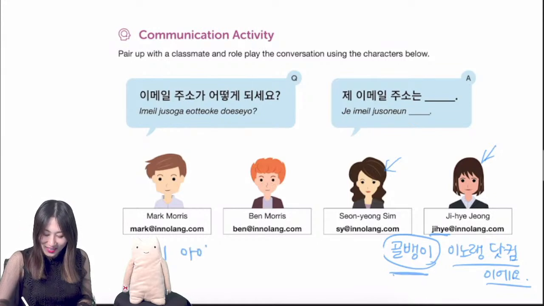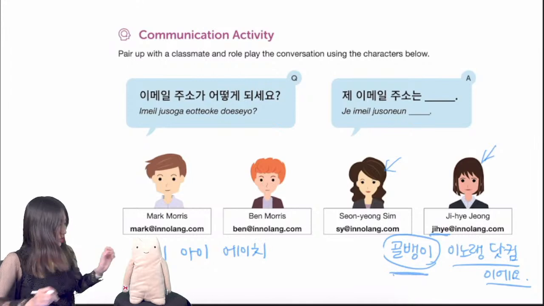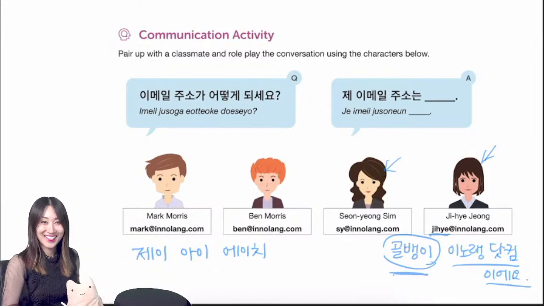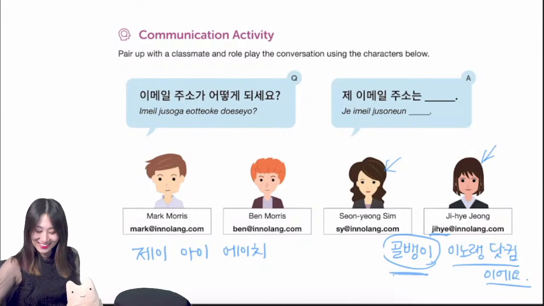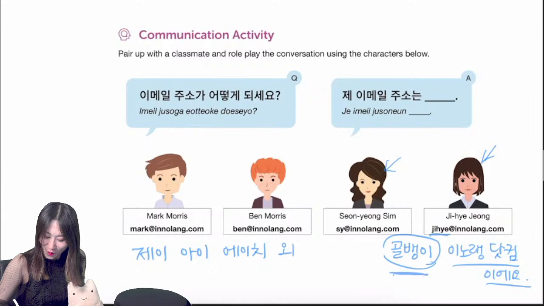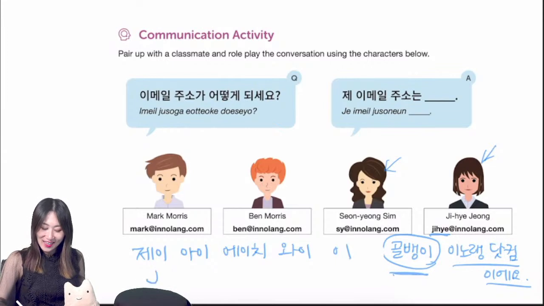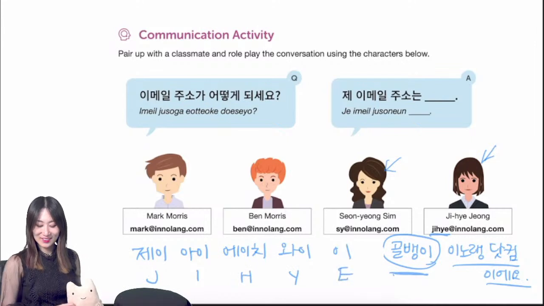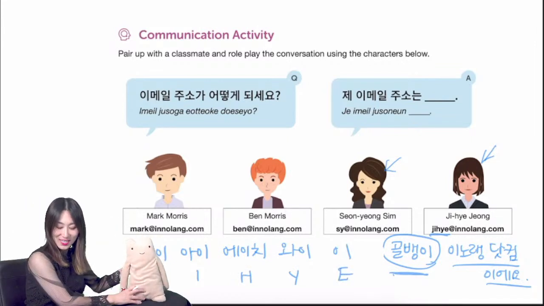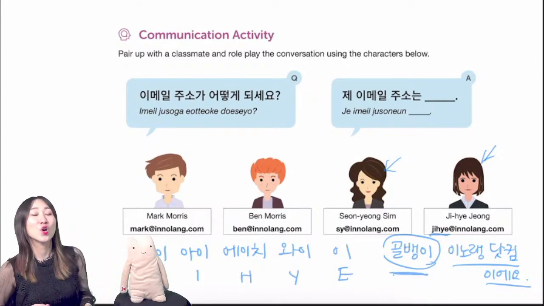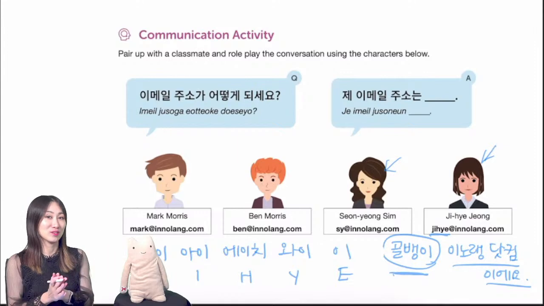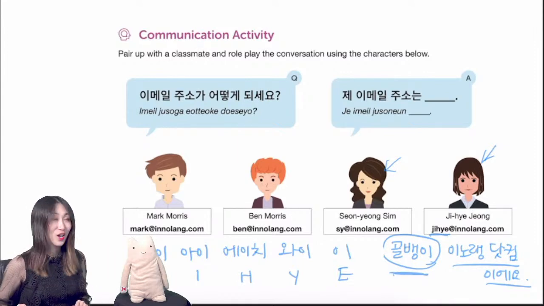J, I. The next one is H, and next is hiding the alphabet. So J, I, H, Y, E. 짜잔. It's her name. JIHYE 골뱅이 이노랭닷컴이에요. Is her email address.